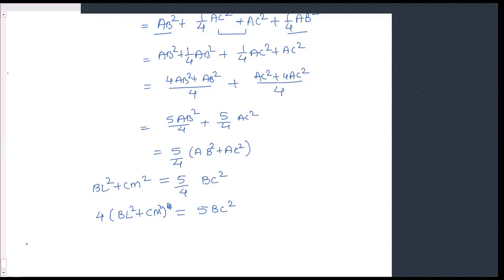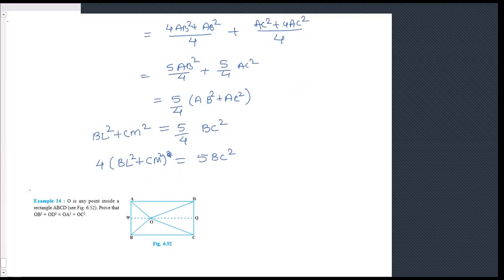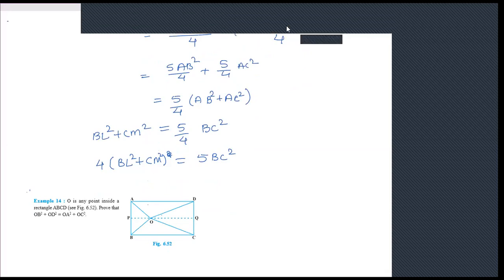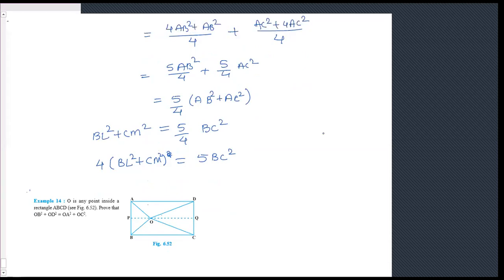It's not visible. Something has happened. I was copying the question from NCERT and that's when it went. I'll stop sharing first. Have you completed? Yes, ma'am.